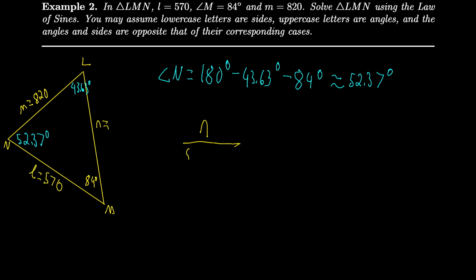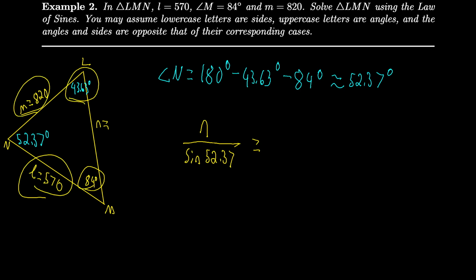So n is related to the sine of its corresponding angle, the same way that we have the relationship between m and little m and L and little l. We can use either pair we want to. The better one to use is the one that was given to you. It's more exact, it wasn't rounded, nothing was weird about it.